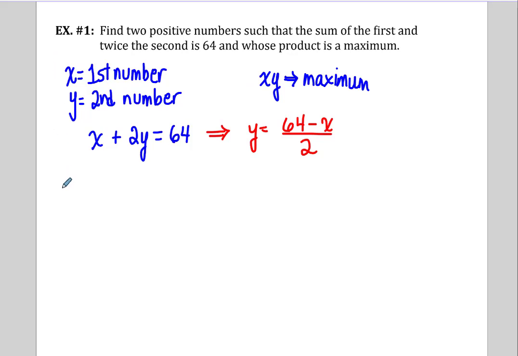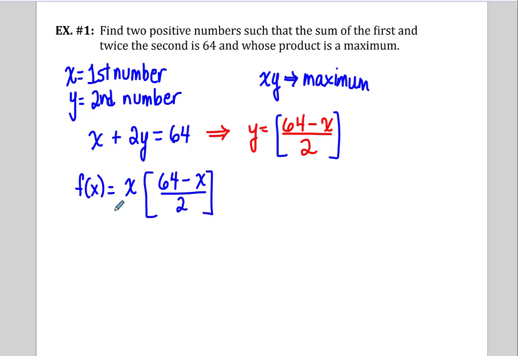So I'm going to call f of X is X times Y, but I need to put this amount in for my Y: (64 minus X) divided by 2. So now I have a function in terms of X, that's the product of my two numbers, and my second number was rewritten to be represented as an expression in X.